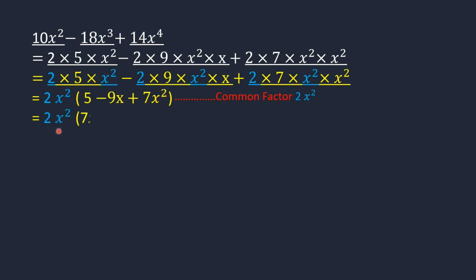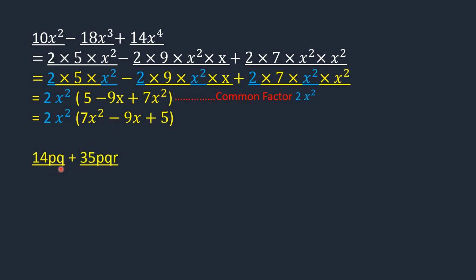So we will write 2x squared multiplied by 7x squared, then minus 9x, and then finally plus 5. Here the last factor is a group of terms. Now this also can be further factorized, but about which we will learn afterwards.